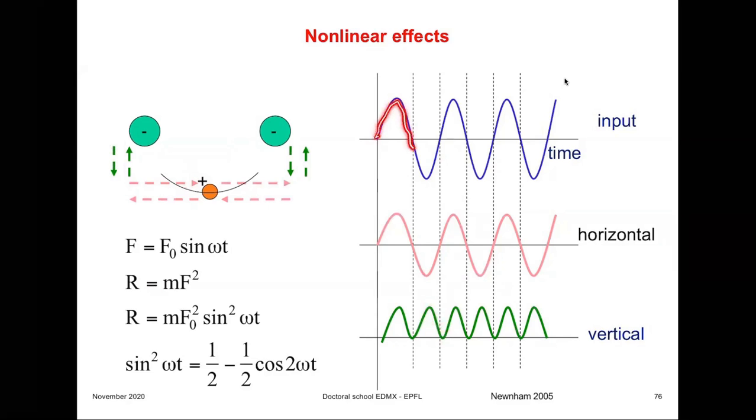So while the force makes one period and horizontal displacement makes one period, the green line does this. So the frequency is 2 times the frequency of what you have there. So that's what's happening with the so-called second harmonic in nonlinear motion.